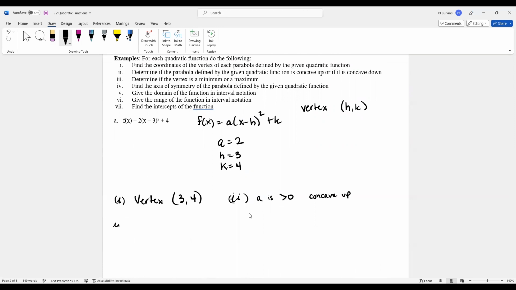The third question says, determine if the vertex is a minimum or a maximum. Well, if it's concave up, that means it opens up, and that means that the vertex is a minimum.